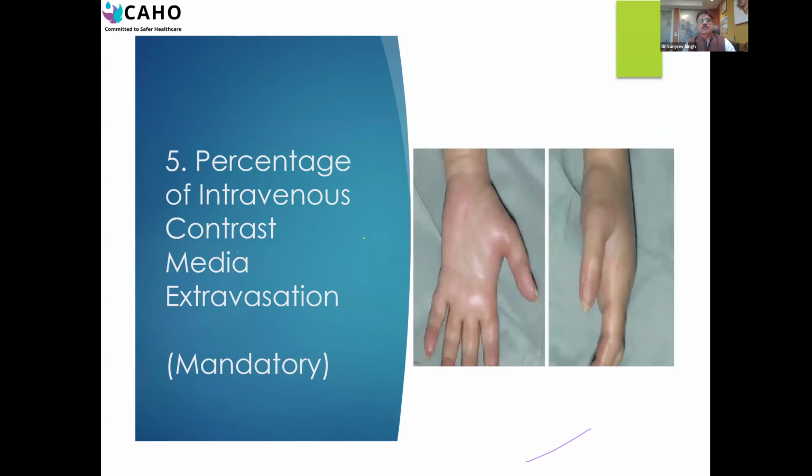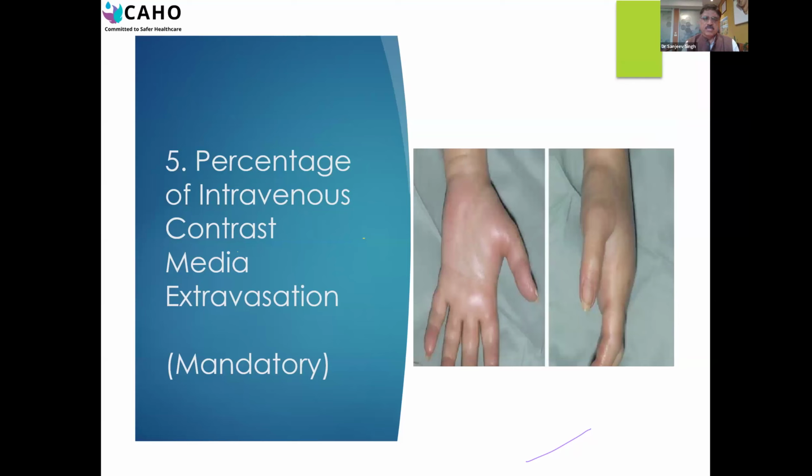Finally, another last indicator from my side would be peripheral intravenous contrast extravasation. It is mandatory because it's extremely risky. Contrast is being used left, right, and center at nuclear medicine and at radiology, and there need to be decent precautions taken.